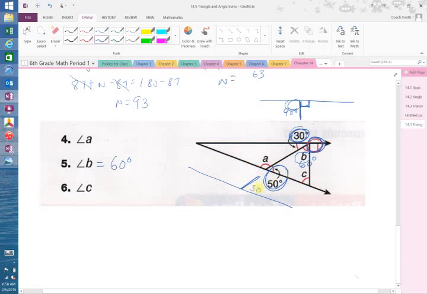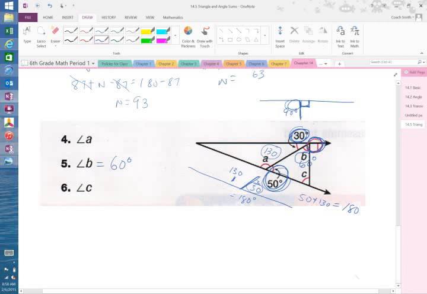If this is 50, these both, 1 and 2, have to equal 180 degrees. So if this is 50, what does angle 1 have to be? 130. So A has to be 130. Because these two together, 50 plus 130, must equal 180.